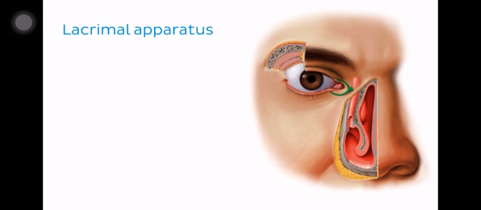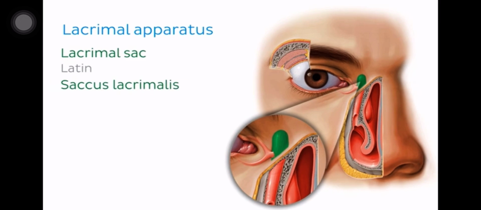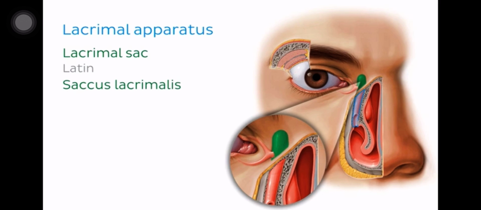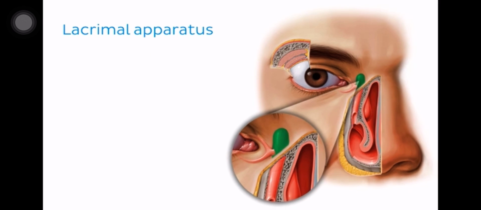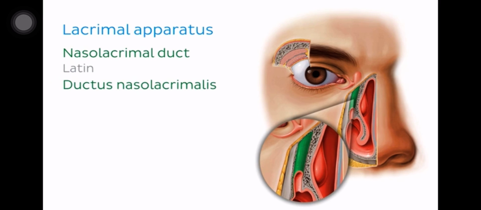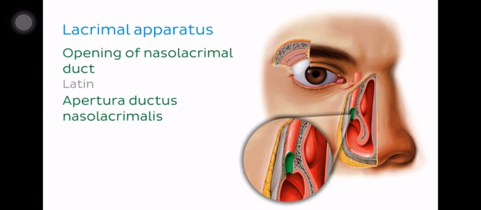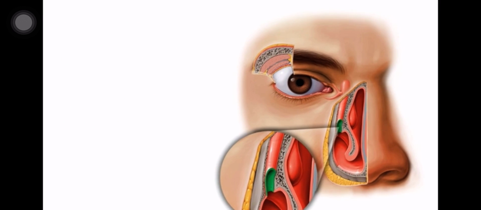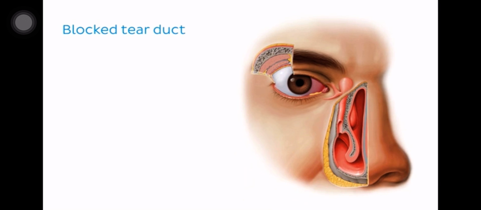The canaliculi then join together and drain into the lacrimal sac, which is the superior portion of this vertical tube called the nasolacrimal duct. The opening of the nasolacrimal duct was the last thing that we identified in the inferior nasal meatus. And finally, we spoke about blocked tear ducts and the various causes and treatments of it.